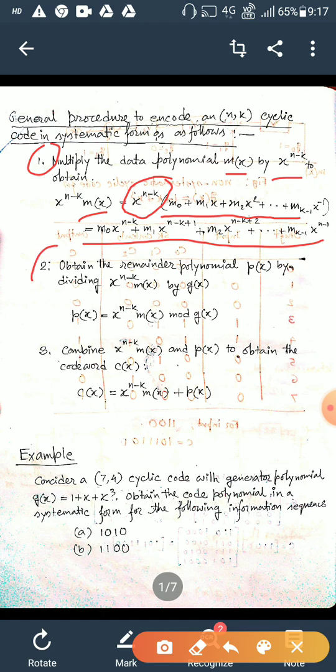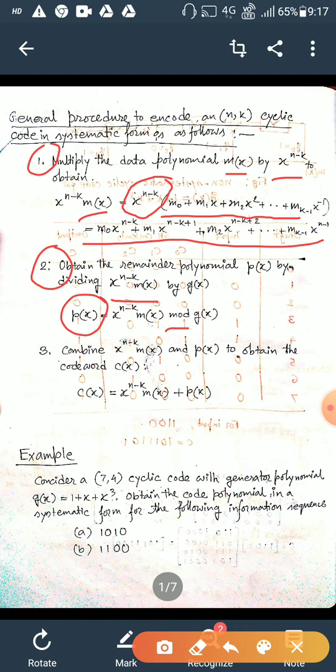Now for step number 2, you have to obtain the remainder polynomial p(x). How can you get this one? By dividing x to the power of n minus k times m(x) by g(x). That is, you have to identify the mod value, and that will show the remainder polynomial, or parity polynomial, of that particular code.